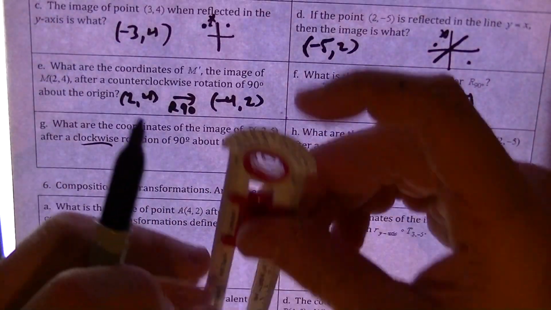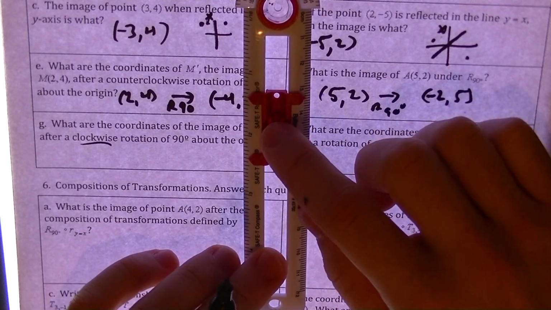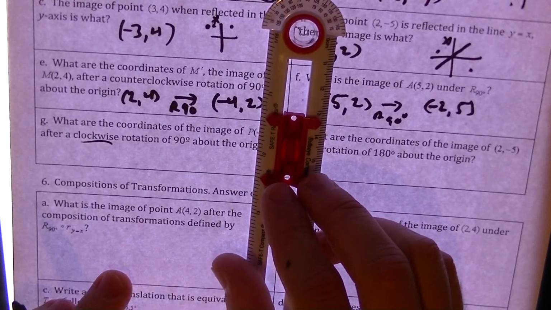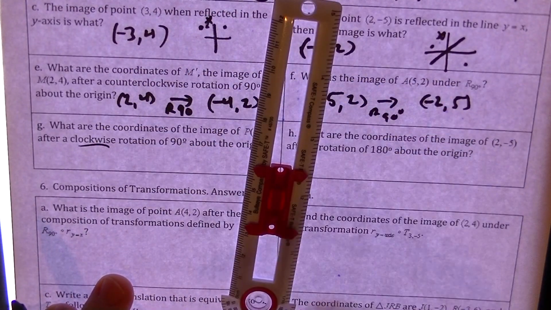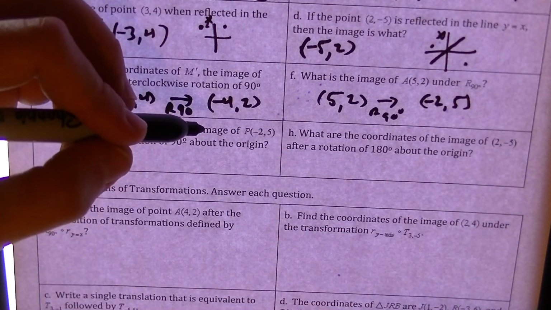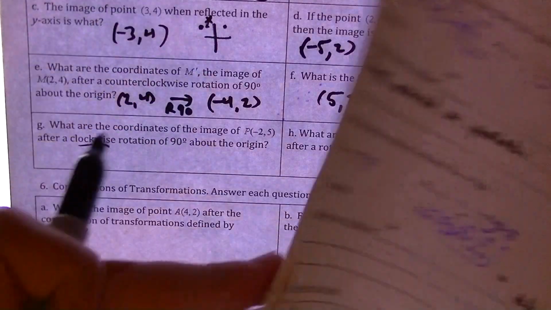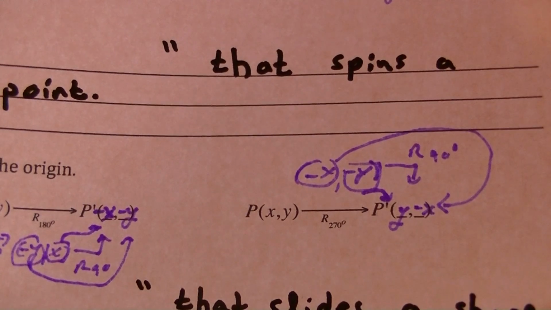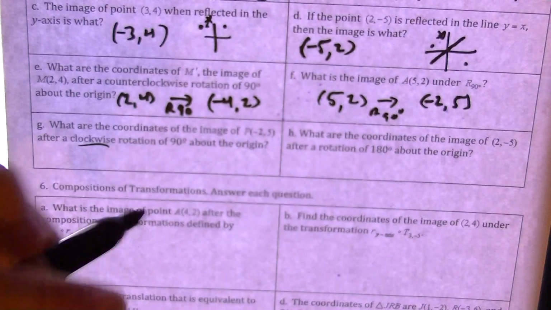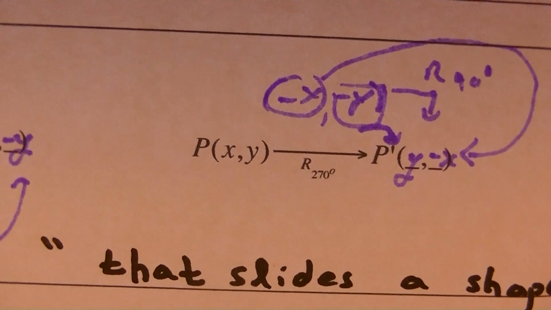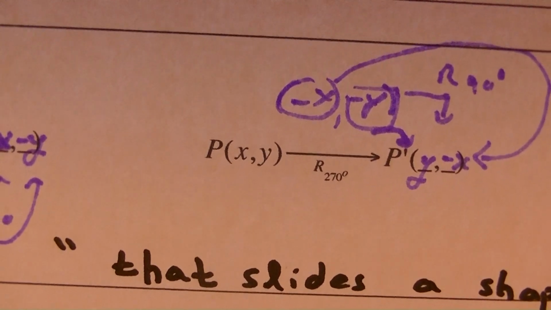I can either go clockwise 90 degrees, or I can go counterclockwise 270 to get me the same thing. And so I know that the rule we found earlier was, if I have (x, y), it'll become (y, -x). That's for the rotation of 270 degrees, which is the same thing as a clockwise 90 degree rotation.